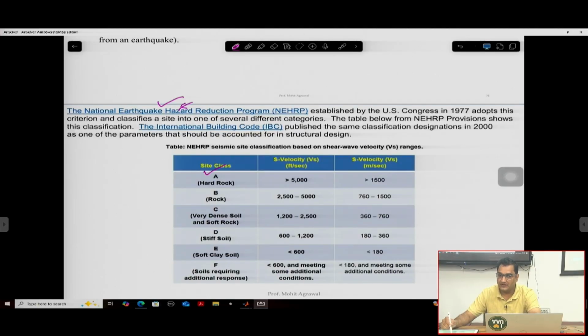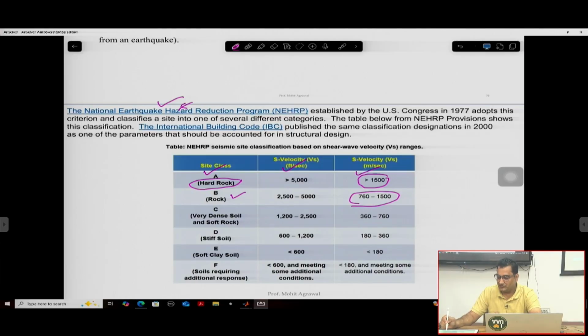Here you have the shear wave velocity in feet per second, and also in meters per second. If hard rock is present, having velocities greater than 1500 meters per second, then you classify the site as site class A. If it is between 760 and 1500 meters per second, then you classify the site as B, that is the rock.